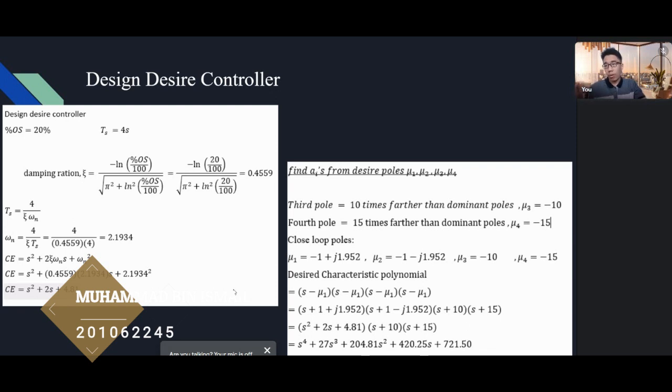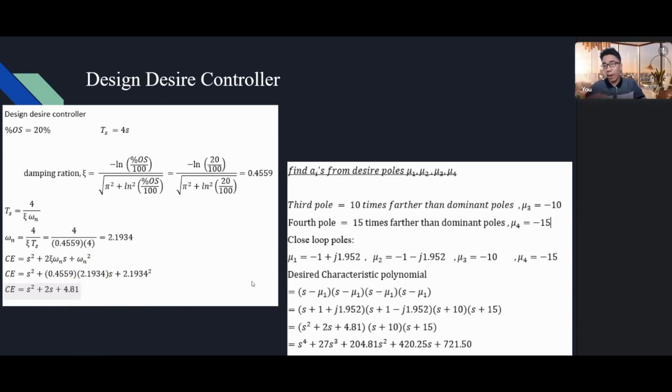For our control design from Lab 2, our design specification is 20% overshoot and a settling time of 4%.